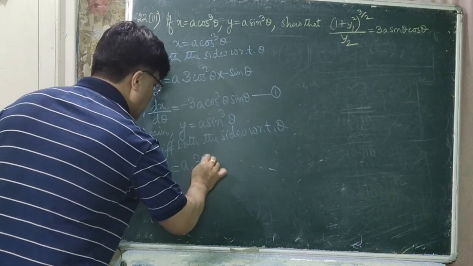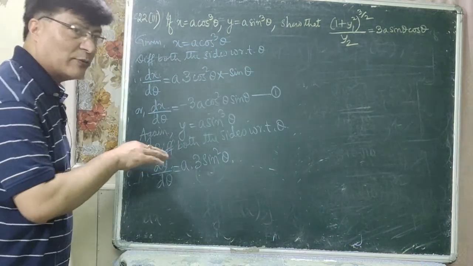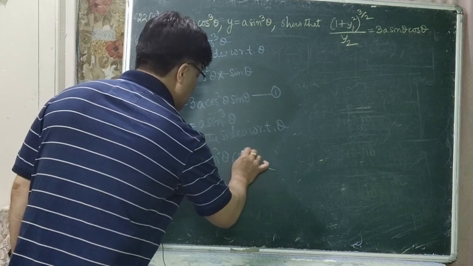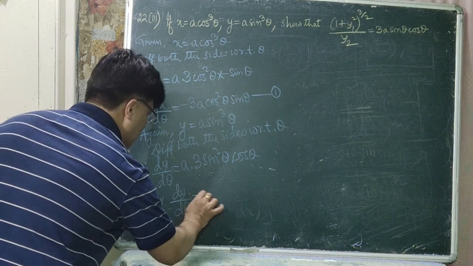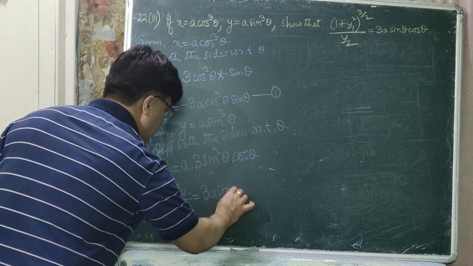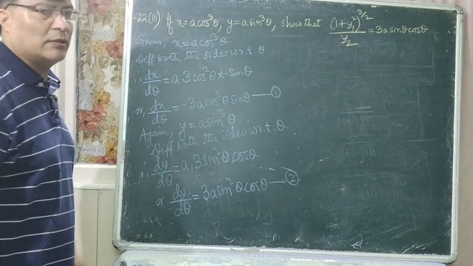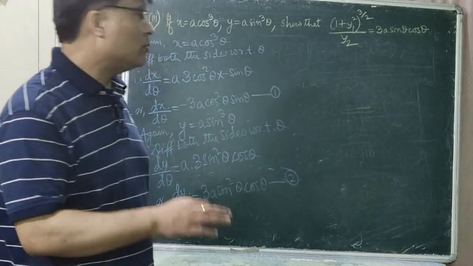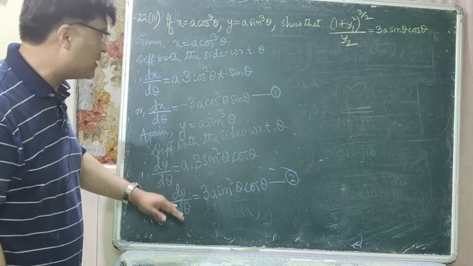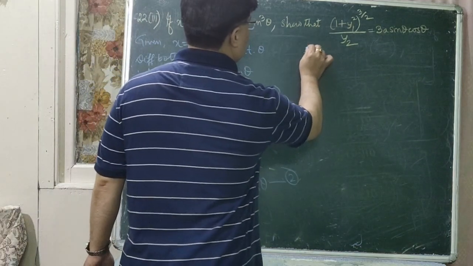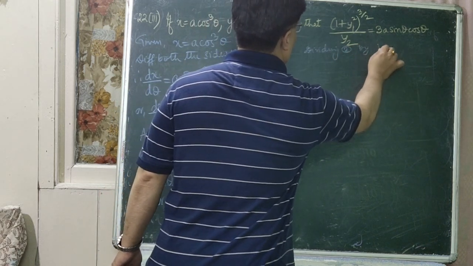What is it? 3 sine square theta into, again differentiate sine theta with respect to theta, which is cos theta. So now this is dy by d theta is equal to 3a sine square theta into cos theta, and let us mark it number 2. Now for y1 you have to get the value for dy by dx. That means you have to divide 2 by 1. So dividing 2 by 1.